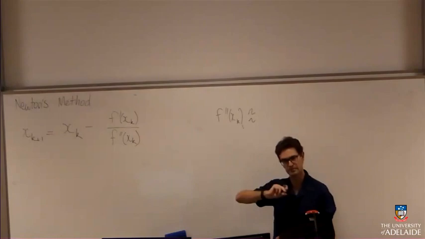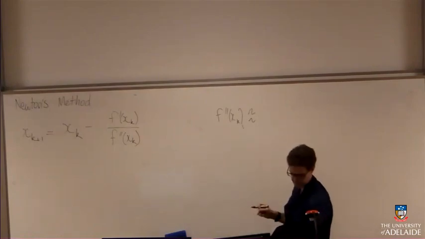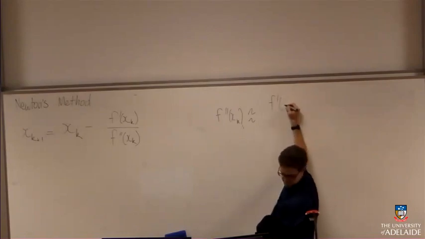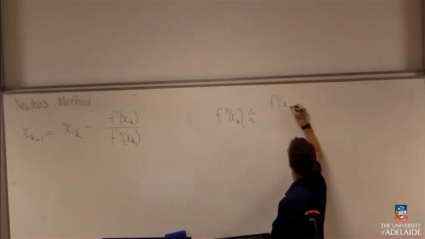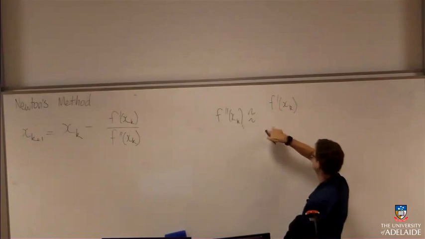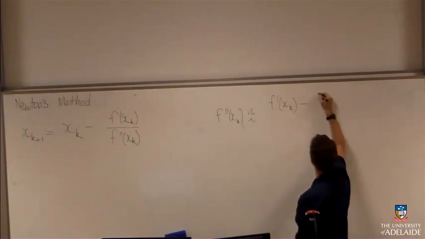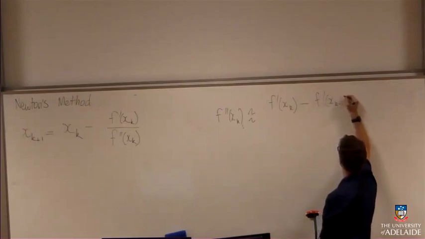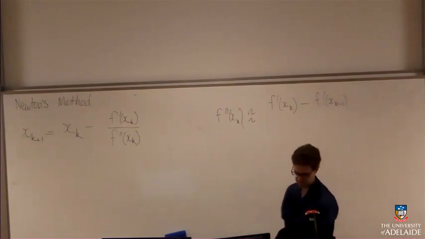So I would approximate this by a couple of different function values: f prime of xk, subtract another function value here.